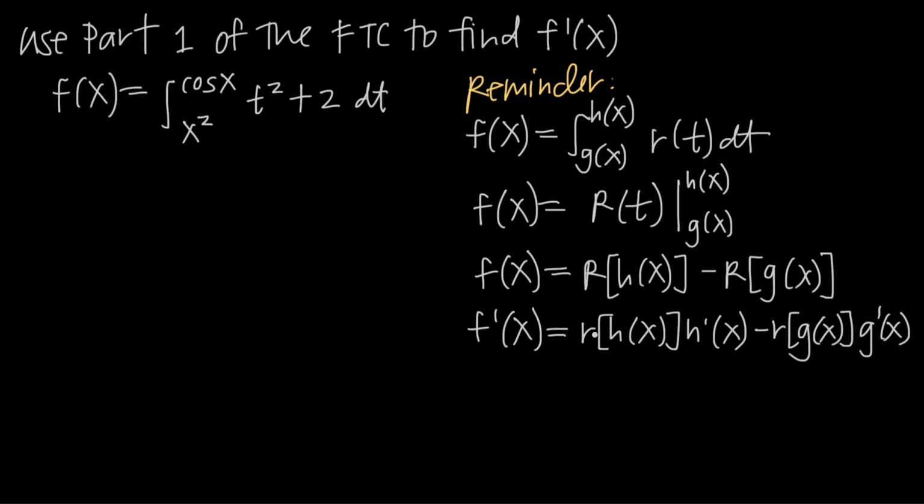Going to this step requires us to use chain rule, because remember, chain rule tells us that we leave this inside function alone, but then we have to multiply by the derivative of the inside function. So the derivative of capital R of h of x is small r of h of x times h prime of x, the derivative of this inside function h of x. And same thing here, we end up with minus small r of g of x, but then we multiply by the derivative of the inside function, so we multiply by g prime of x.